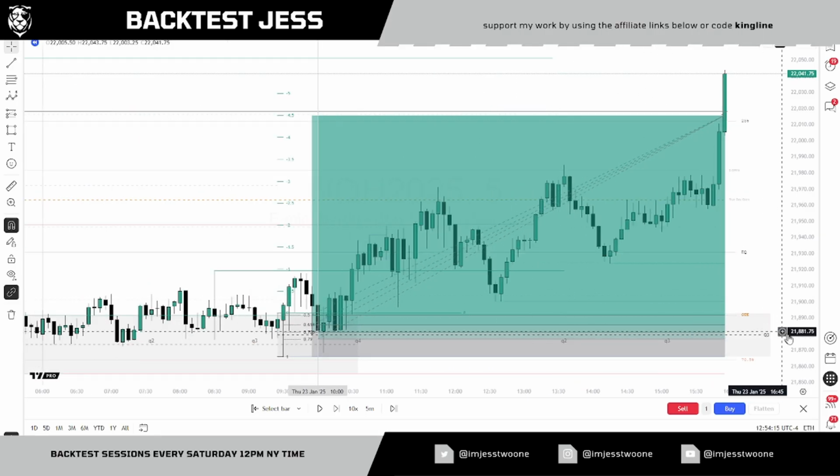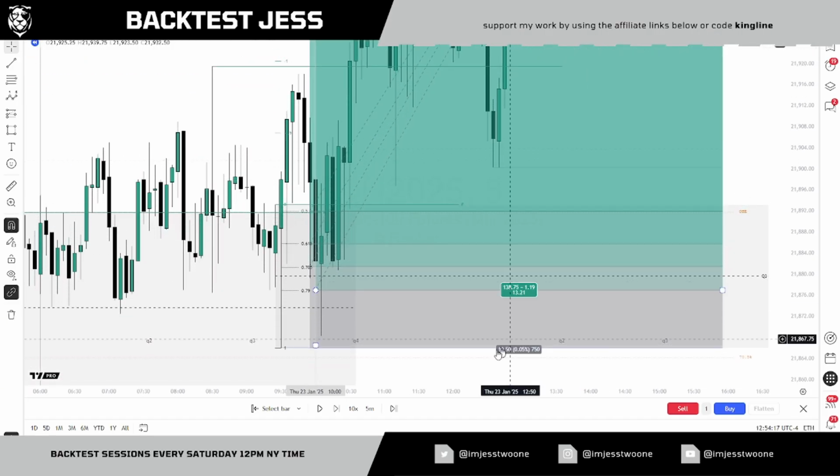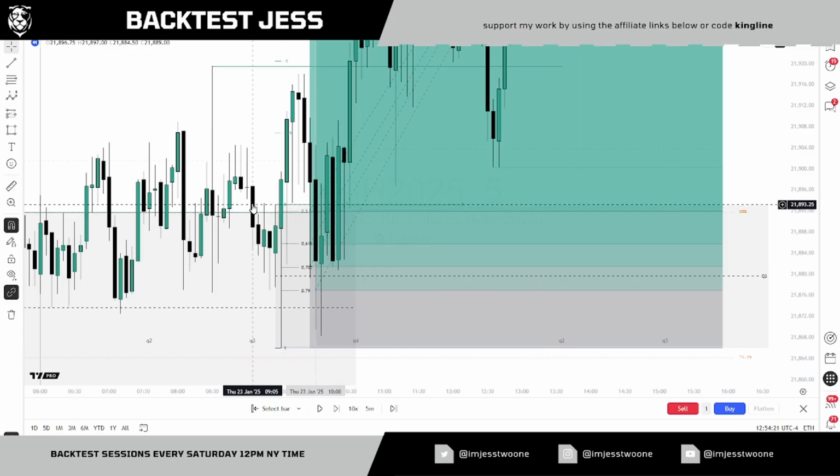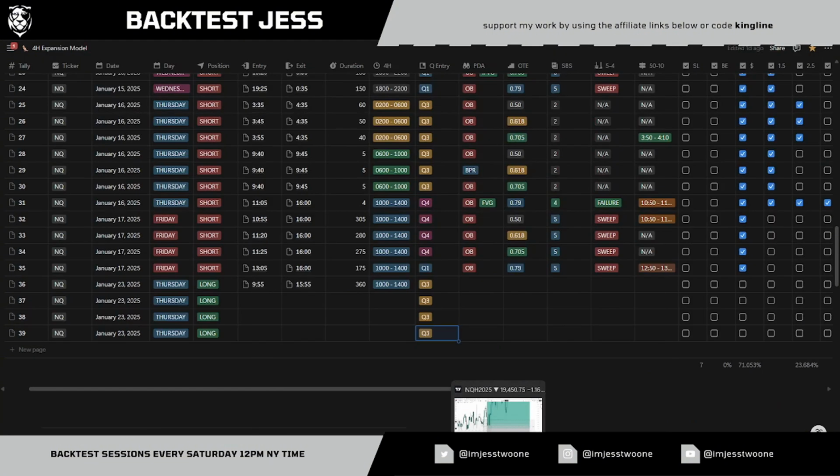Okay, so this is what I've been failing to do, kind of. So 0.5 lands within this inversion. 0.618 would be this OB, and then 0.705, 0.79 are all rejection blocks, or both are rejection blocks. So inversion, OB, rejection block.